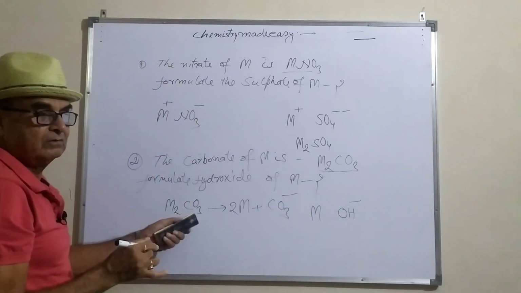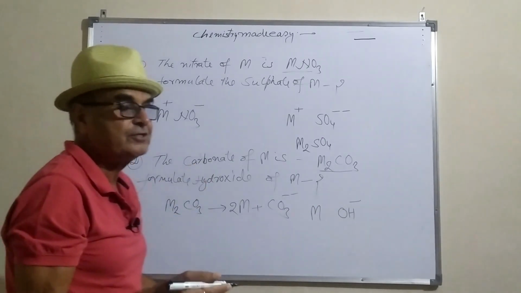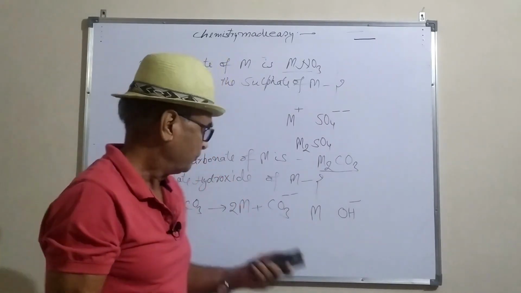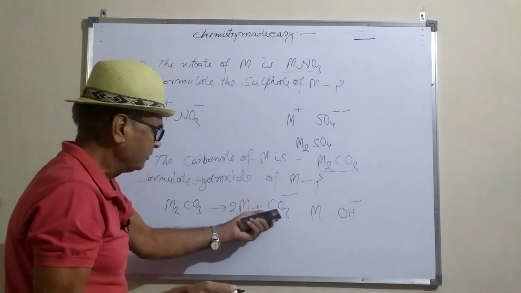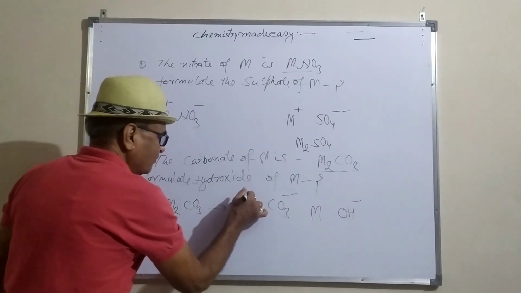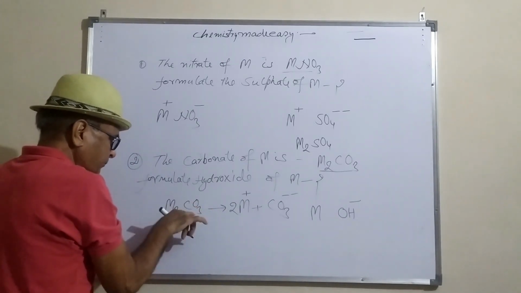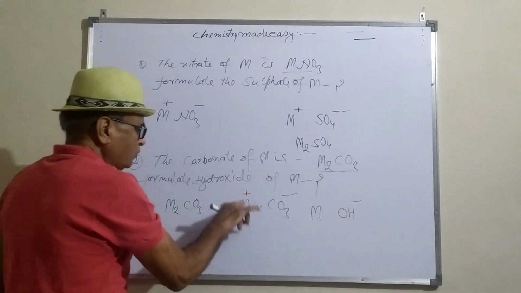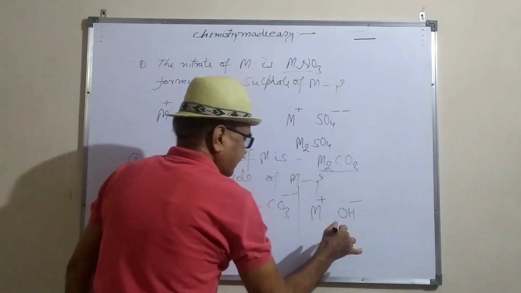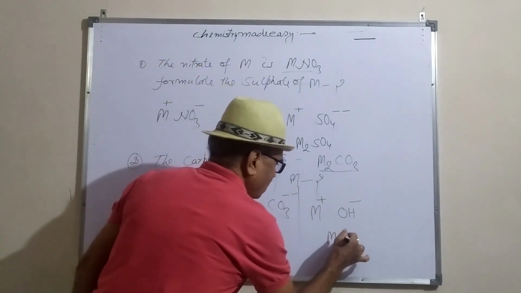You should know, because the name is carbonate, and carbonate is CO3 double negative. So what will be the charge of M? 1 positive, because M is multiplied by 2 and CO3 is multiplied by 1. So M is positive and the formula of the hydroxide will be MOH.